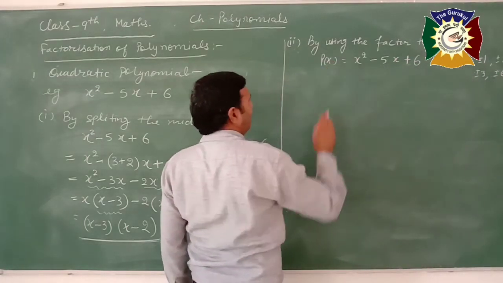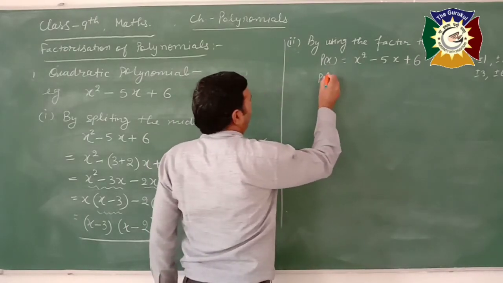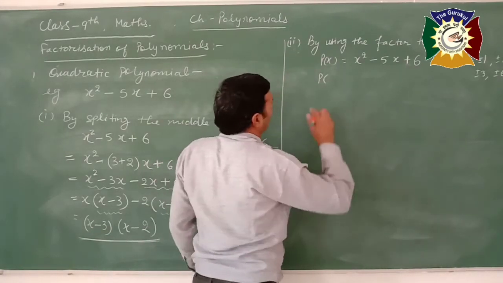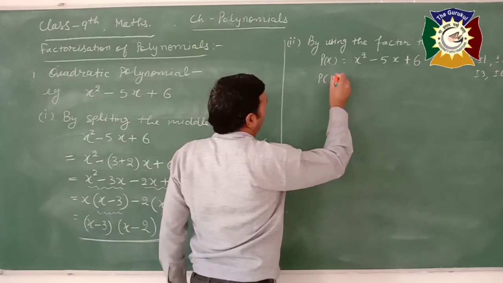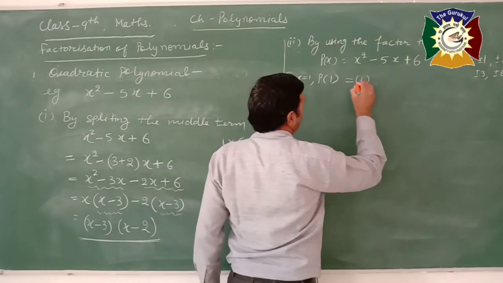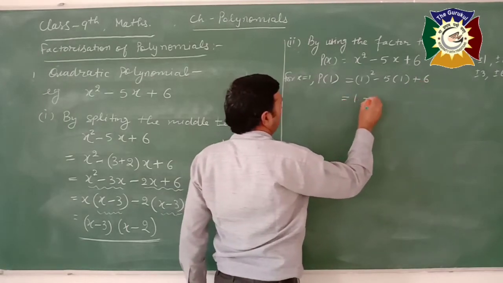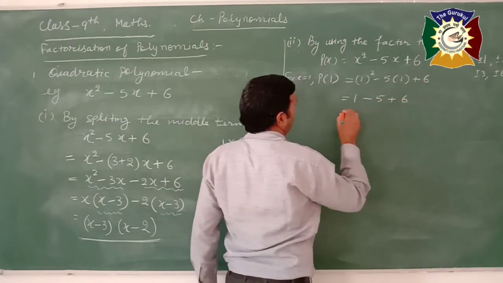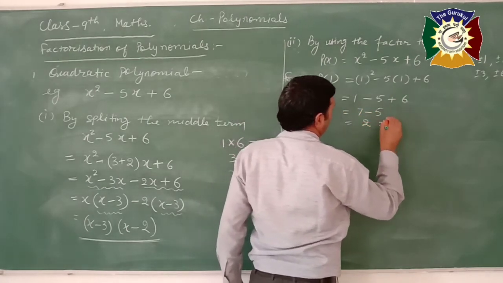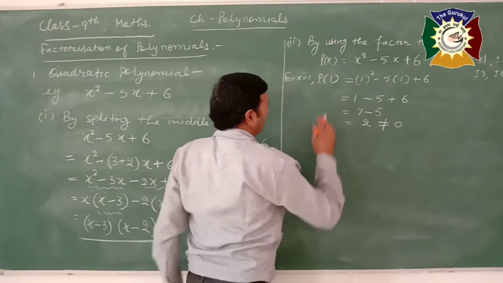We will check these factors, whether any factor will make the value of the polynomial 0 or not. P of 1, for x is equal to 1. We will check 1 square minus 5 into 1 plus 6, 1 minus 5 plus 6, 7 minus 5, that is 2, which is not equal to 0. Therefore, x minus 1 is not a factor of this.